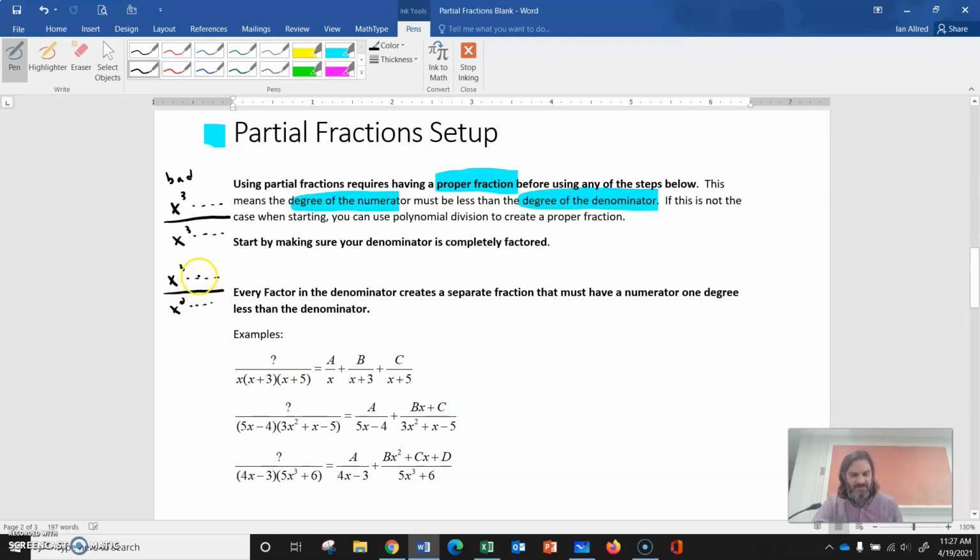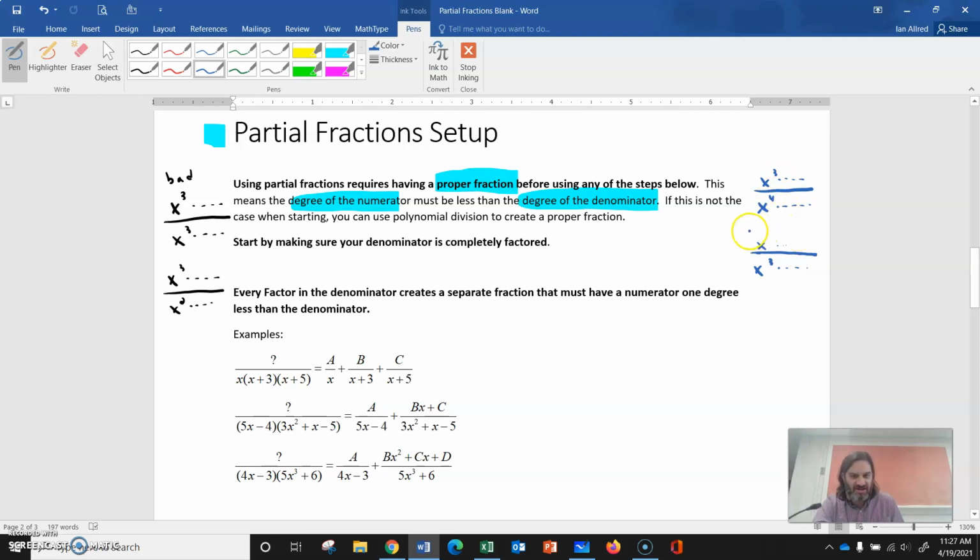So proper means that you would have something like an x cubed over an x to the fourth, or an x over x cubed or something like that. I'm just using cubes and squares here for whatever reason, but the numerator must have a smaller power than the denominator. That's what proper fraction means.